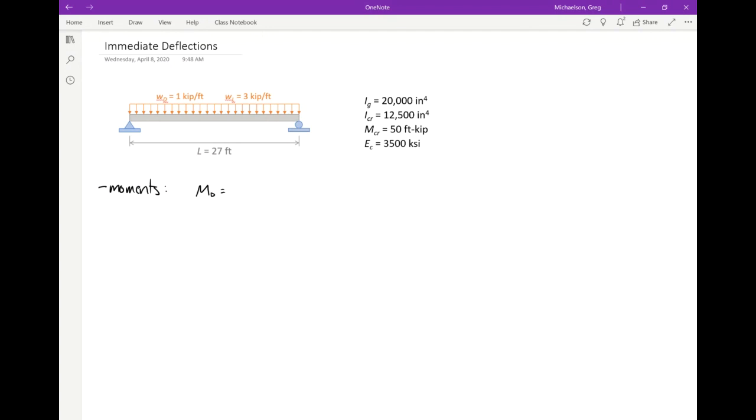The moment due to the dead load is W_DL squared over 8, so that's 1 kip per foot times 27 feet squared over 8. Plug and chug, that gives you a moment of 91.125 foot-kips. Again, don't forget to square the length. And then the live load is W_L L squared over 8, so 3 kips per foot.